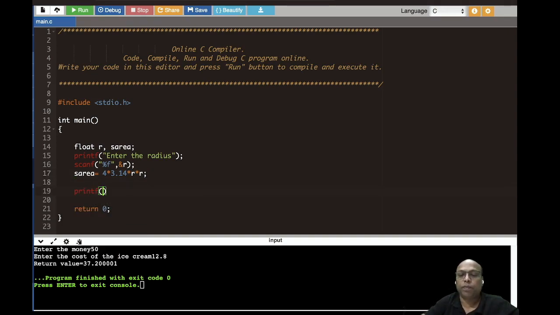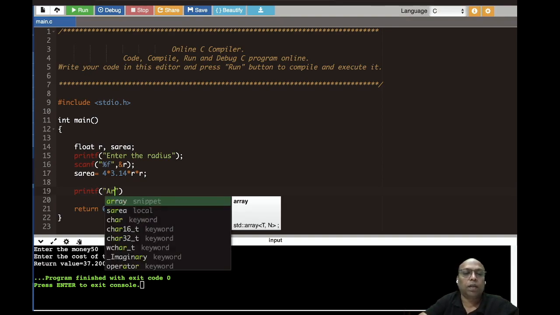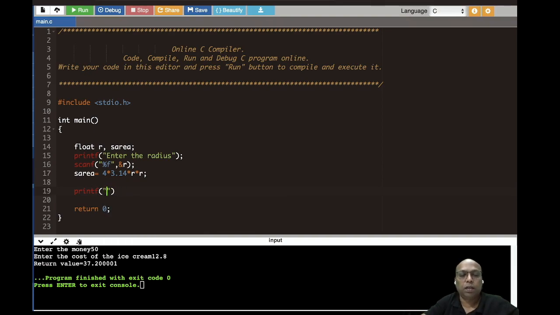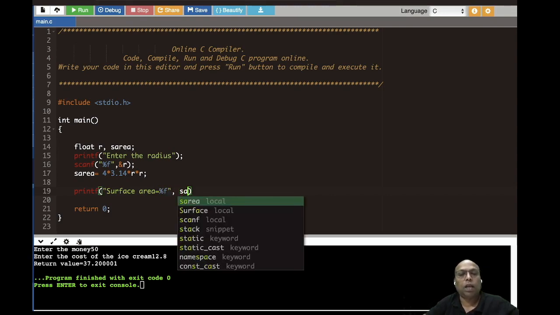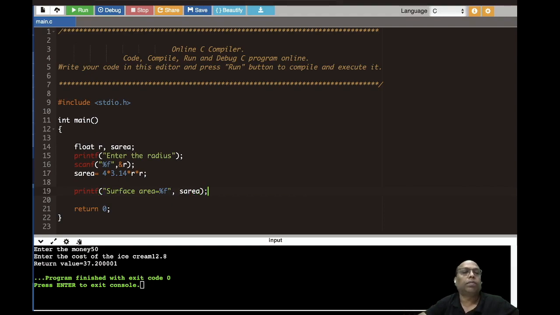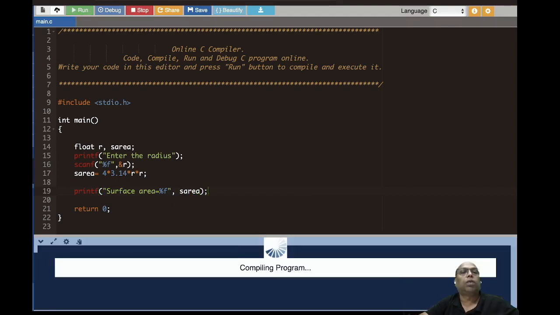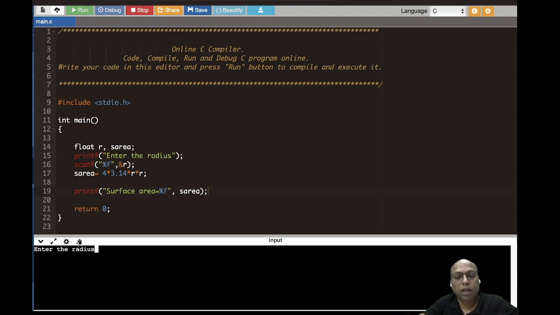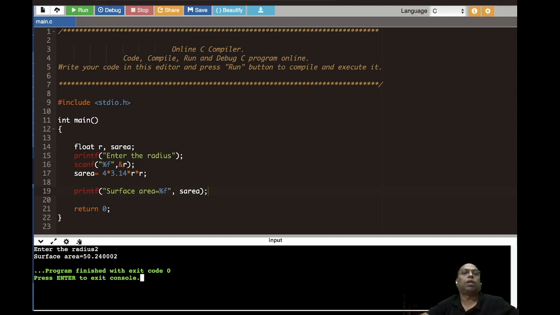Printf, surface area equal to percentage f, comma, S area. Run the code. I enter the radius, let's say 2, and I got the answer 50.